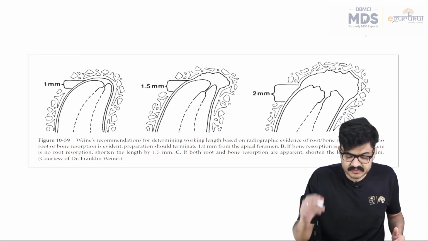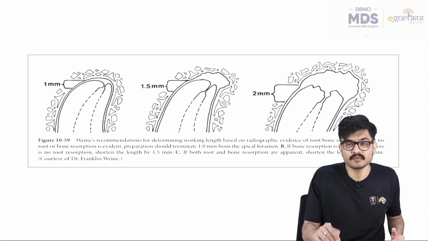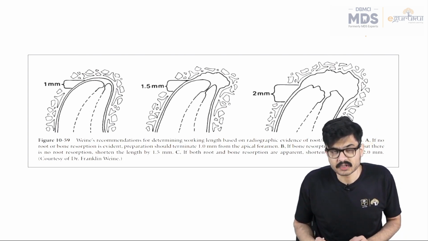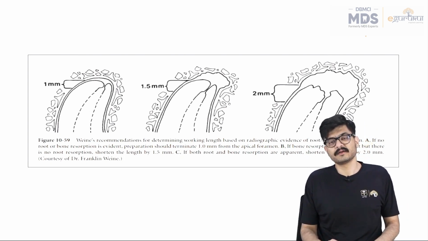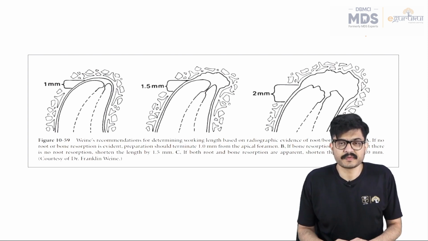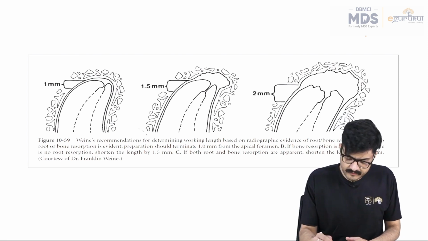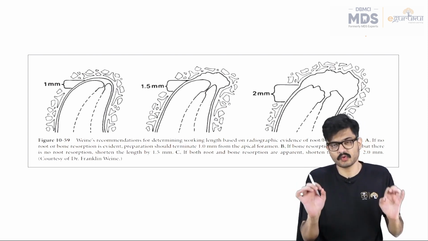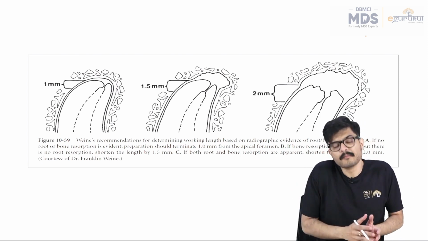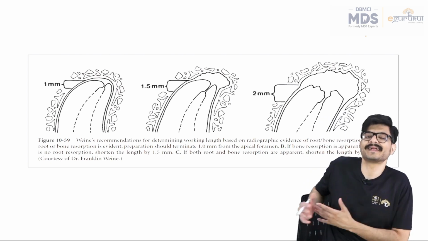So please memorize this. Wien's modification, W-E-I-N-E. Dr. Wien was a great endodontist. His textbook also is very famous. Wien's recommendations for determining working length are based on the radiographic technique only, right? So it's just a modification, not an independent technique.